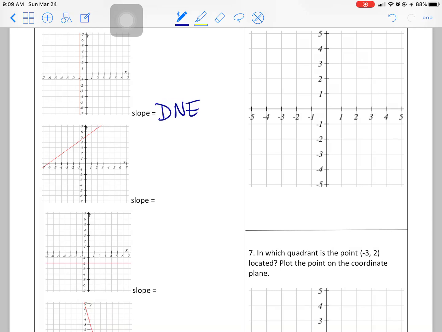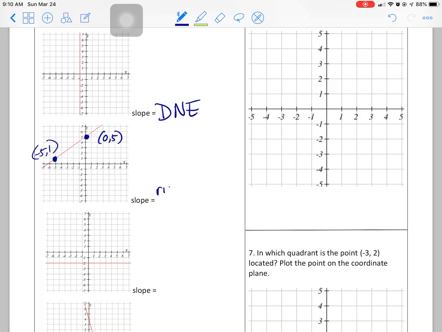How about this one? Let's see, find a point. There's a point right there. Now you can do the math and find another point, or you can do the rise over run thing. This is (0, 5). That's my b, right? And this is (-5, 1). I can count my way there.